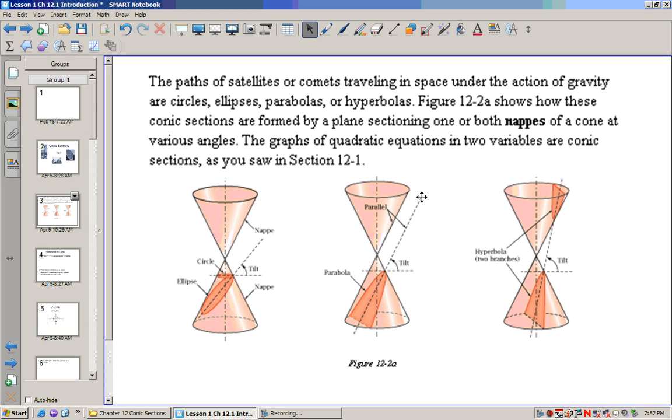If we cut through at an angle and go through the base, that would create a parabola. And if we cut straight up and go through both cones and hit both of the bases, that would make a hyperbola. So the four things are circle, ellipse, parabola, and hyperbola.